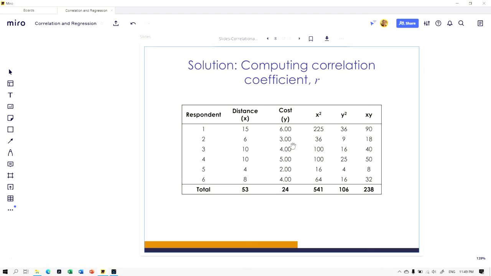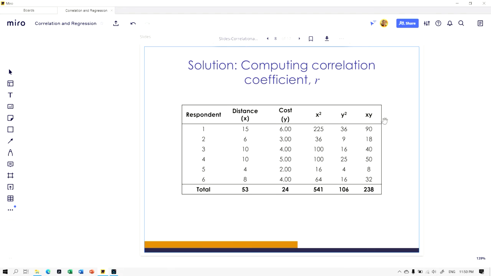For the second respondent, the y value is 3 and 3 squared is equals to 9. For the third respondent, the value of y is 4 and 4 squared is equals to 16. And we continue to do for the rest of the respondents. And the total for this column is 106, which is your sum of y squared.